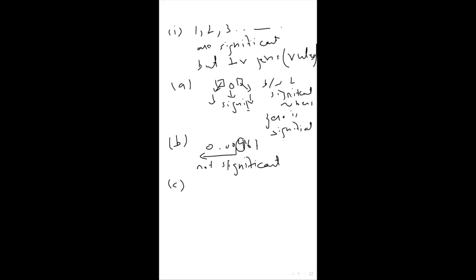What is the third rule? Zeros to the right. So let's consider an example: 3.570.